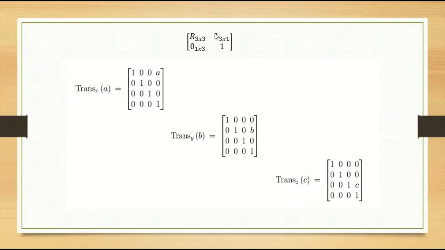Up right, we have the displacement value, which is one column by 3 rows, and a one, because we have to maintain the form without breaking the multiplication and application. So we have the translation, with A as the x translation, B as the y translation, and C as the z translation.